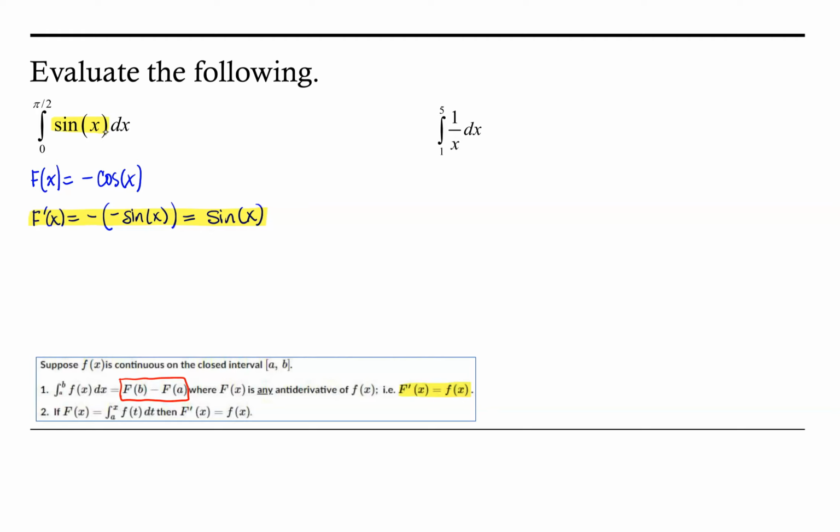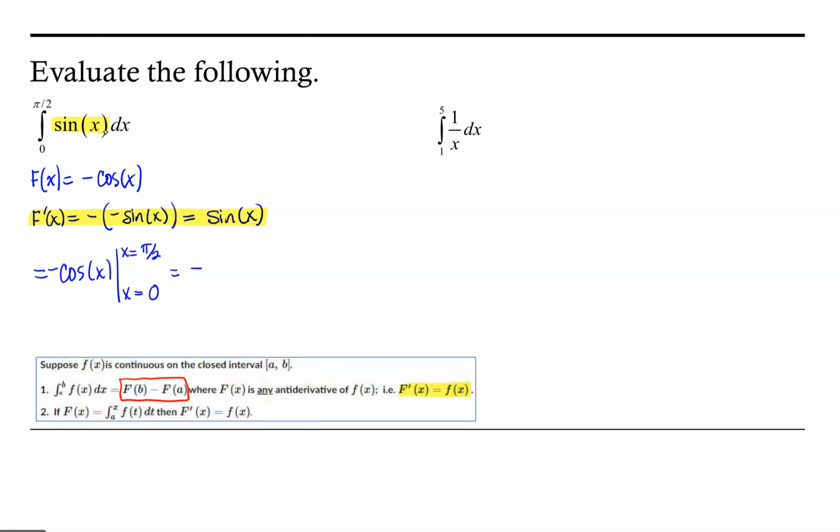We would often write this as negative cosine of x evaluated at x equals pi over 2 as my upper limit and x equals 0 as my lower limit. And then we simply evaluate the antiderivative at these points and subtract the value of the upper limit minus the value of the lower limit.